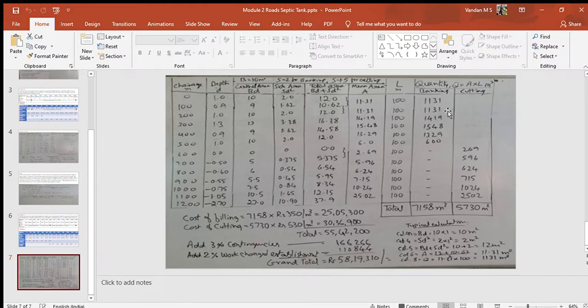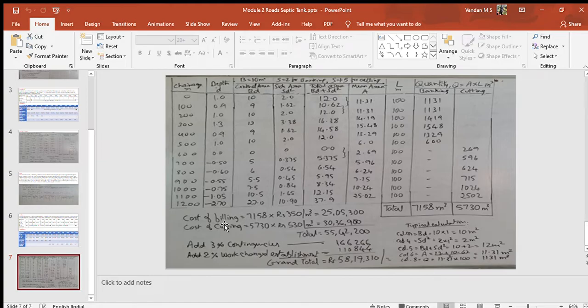Last column 9 gives the quantity of earthwork in cutting, Q is equal to mean area into length. Total banking and total cutting quantities are calculated at the bottom of the table. Cost of earthwork is calculated as shown. Rate of earthwork for banking and cuttings are different, which is given in the problem. Cost is equal to quantity into rate.